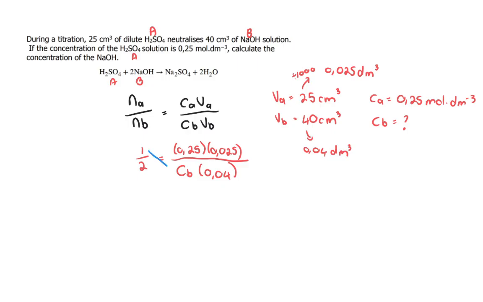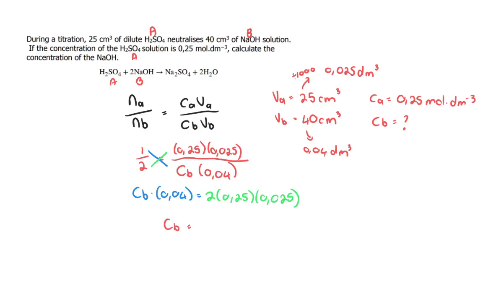So I multiply that with that. 1 times CB times 0.04, and I multiply that 2 times that. You can do it however way you want to, just make sure it's mathematically correct.